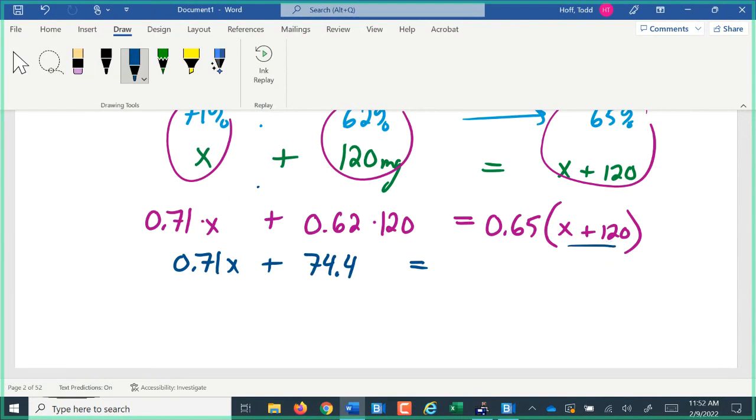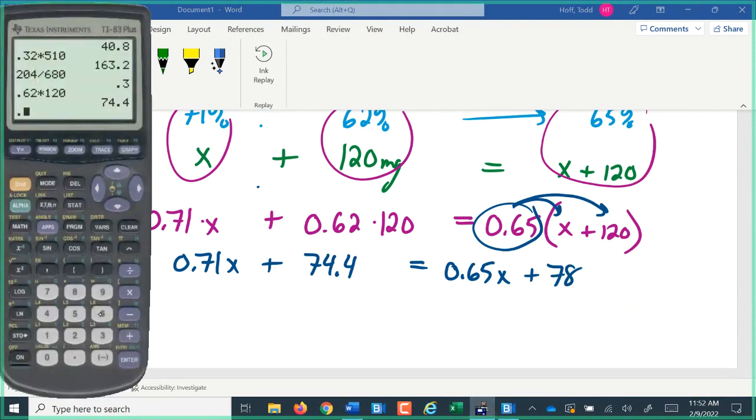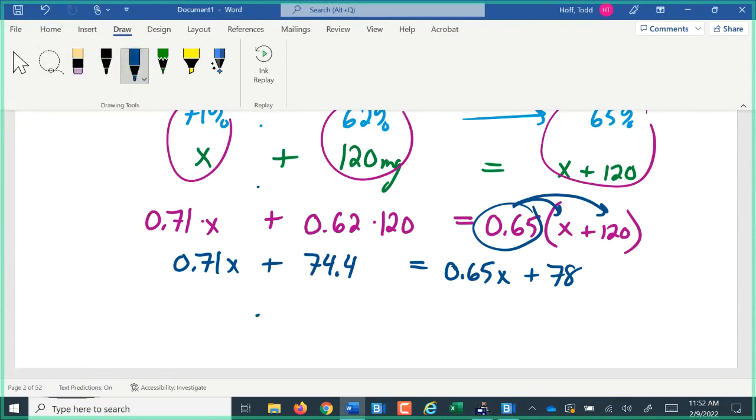There's nothing to do inside the parentheses, so we'll go ahead and multiply by the 0.65. 0.65 times x is 0.65x. 0.65 times 120, I believe that is 78. Double check that. It is 78. So we've combined everything we can combine on each side.